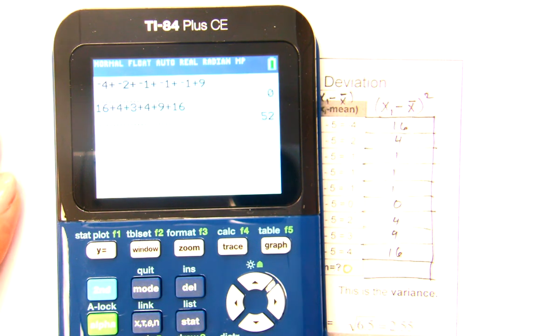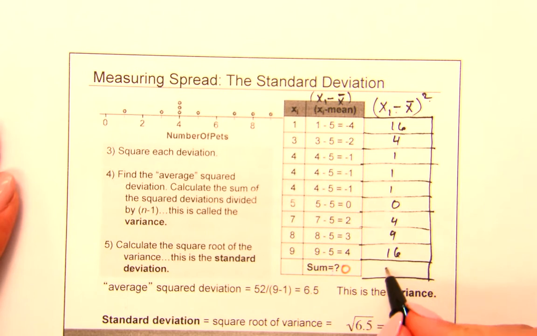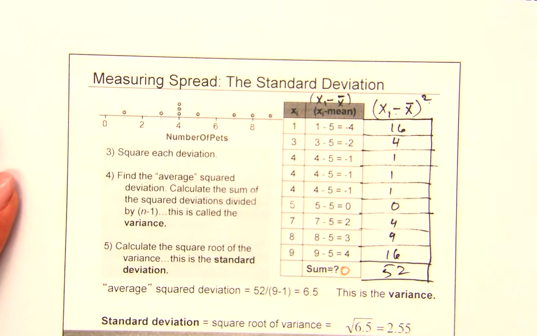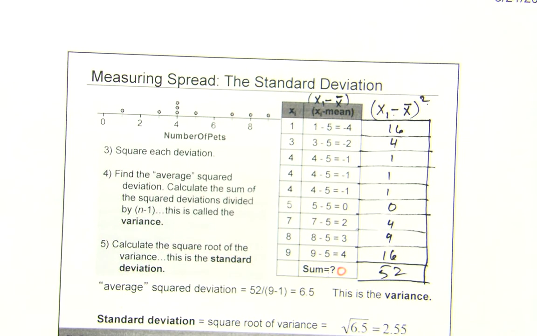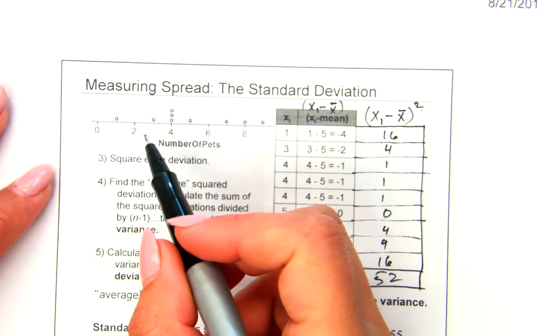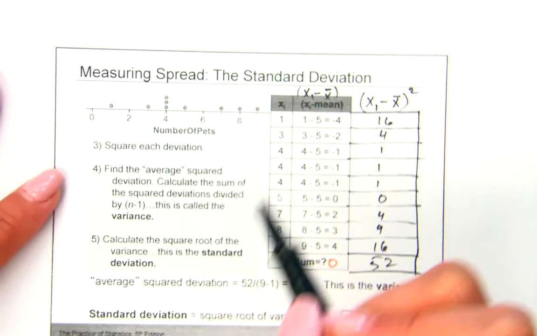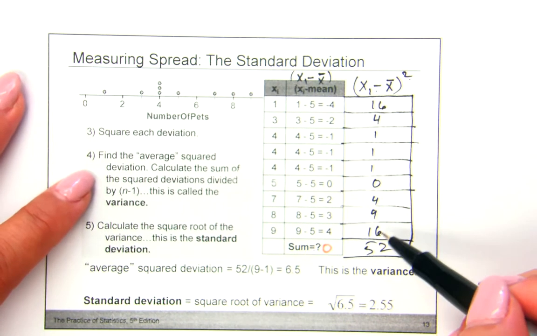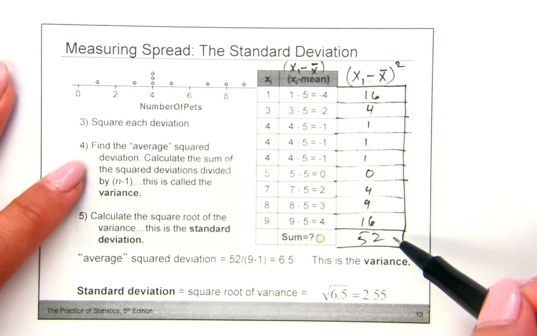Okay, I get 52. Well, what do I do with that? 52 isn't really telling me anything about how far all of the data points are from the mean. So once you get 52, find the average square deviation.